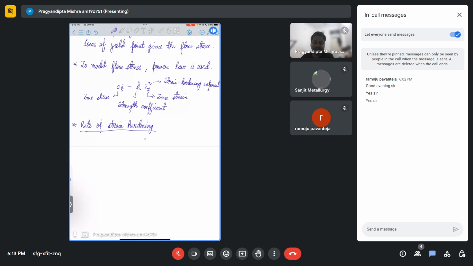Rate of strain hardening is essentially the rate of change of true stress as a function of true strain in a material which is undergoing any sort of plastic deformation.